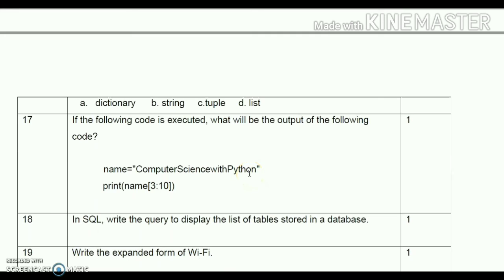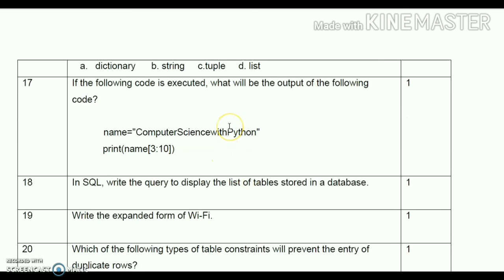Then question number 17. If the following code is executed, what will be the output? Name is equal to computer science with Python. Then print name[3:10]. This statement will print the characters from position 3 to 10. Counting 0, 1, 2, 3, P is the third position, then 4, 5, 6, 7, 8, 9, 10.